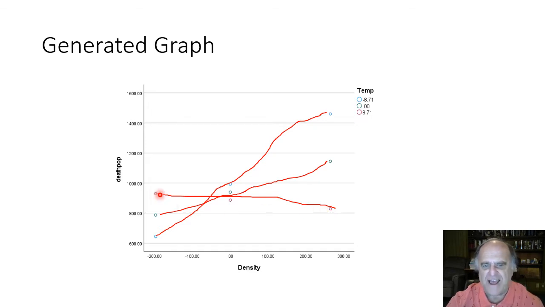When temperature is high, density doesn't make much of a difference. And for average values of temperature, it does go up, not as much as when it's low temperature, but there is an increase with density. And that's what we found before. If you go back to our previous lecture, you'll see that this matches what we found there.